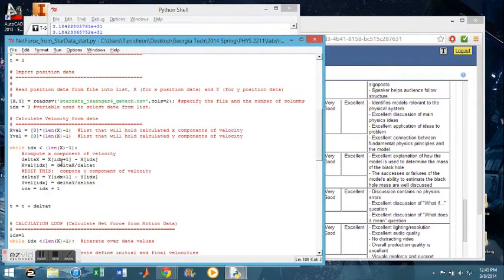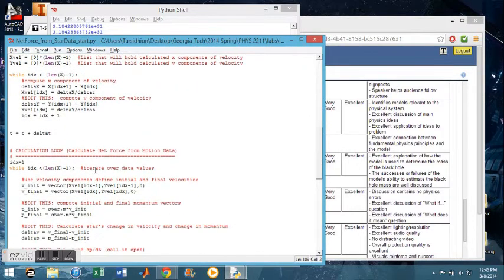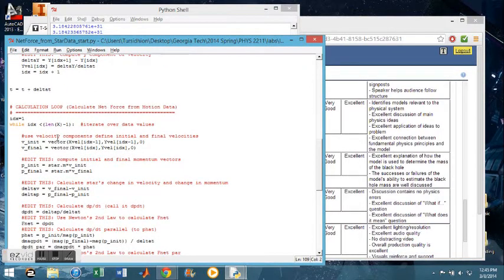So we have the x positions and the y positions that we are gathering, and we are finding the change in x and change in y over delta t, which we know to be the velocities. We are then taking these velocities and putting them into vector form, combining the x and y velocities, knowing that there is no z motion, so z is 0.